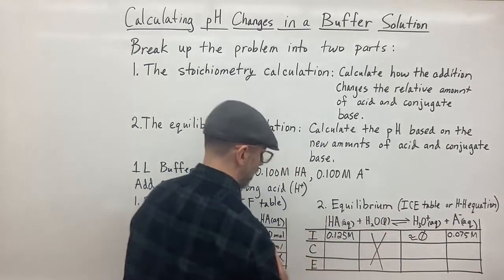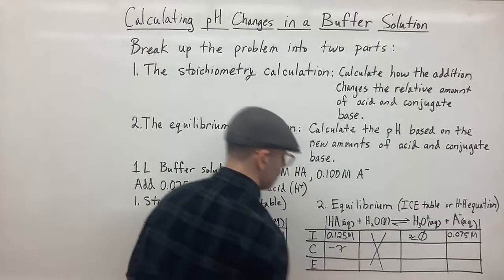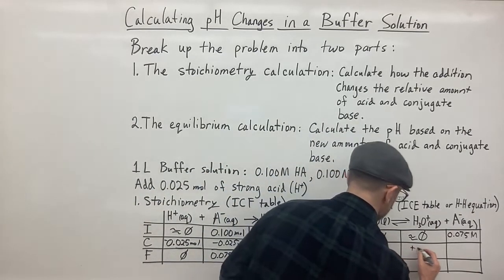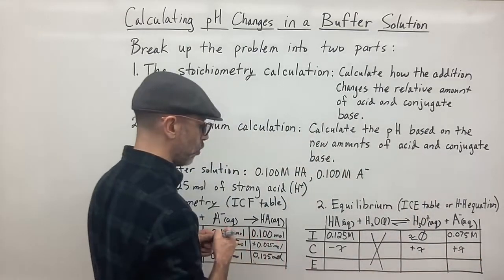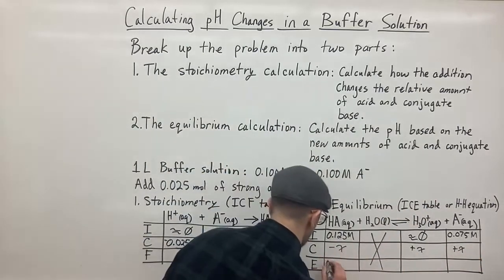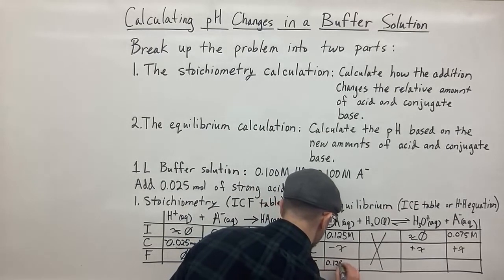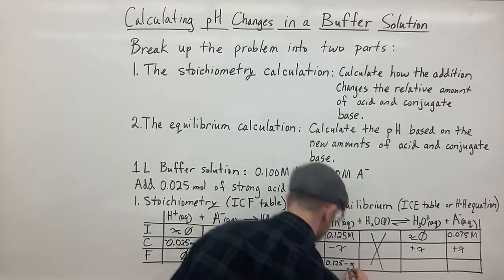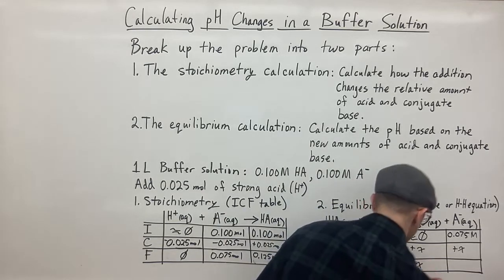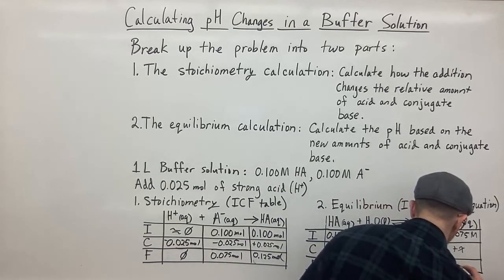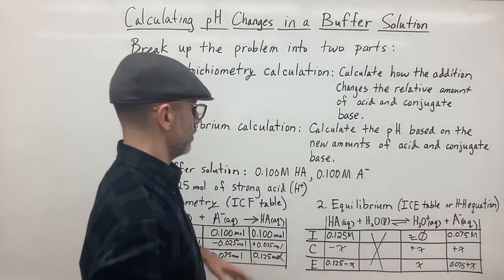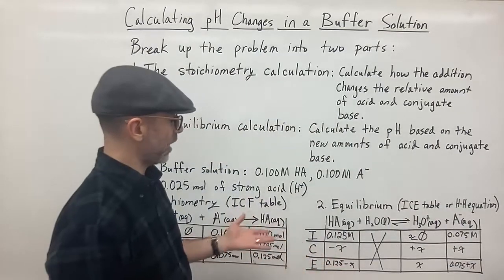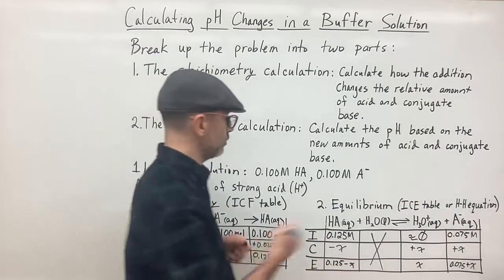So that means I'm going to have a negative X here, and a positive X amount that I'm going to form. That means that this is going to be 0.125 minus X, this is going to be X, and this is going to be 0.075 plus X. And so then I would set up my equation like I normally do.